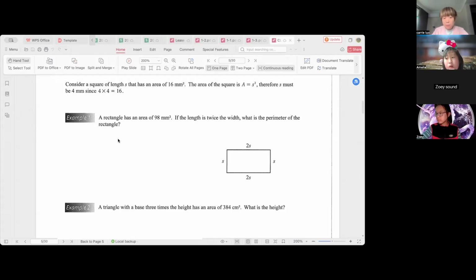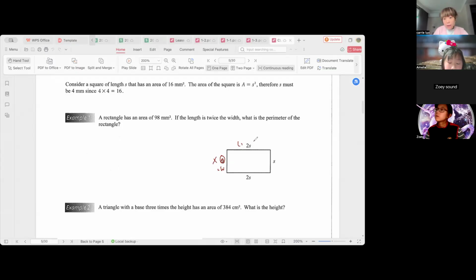Okay, so Zoe and Amelia, I think you know how to do it, right? But I want to show you the process of doing that because later on people are going to ask you how to get the answer, okay? So a rectangle has an area of 98 square millimeters, and the length is twice the width. So I'm going to just draw a graph there. This is S, we said this is the width, right? So this one is the length, so length equals 2S.